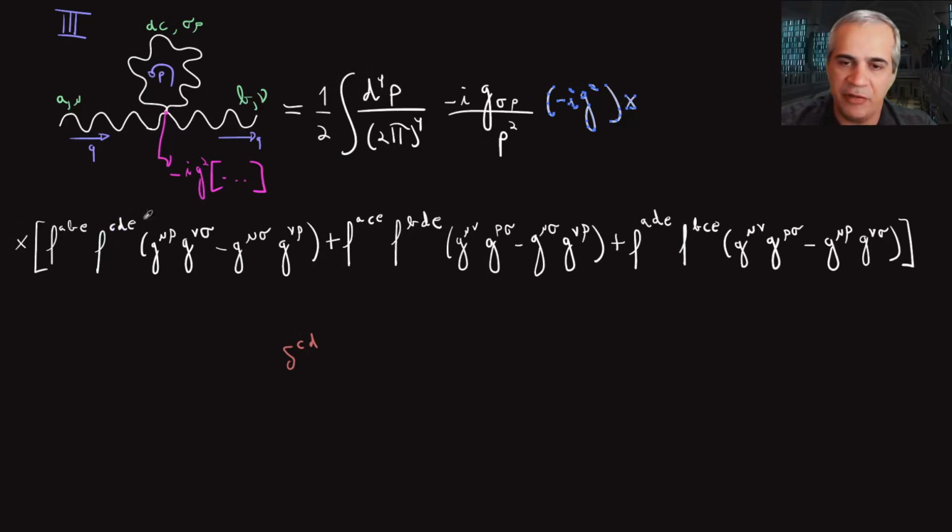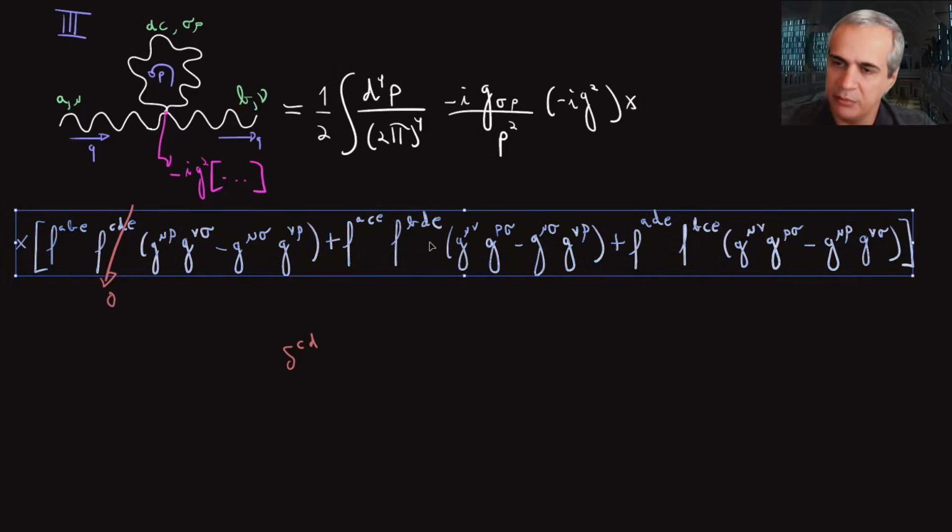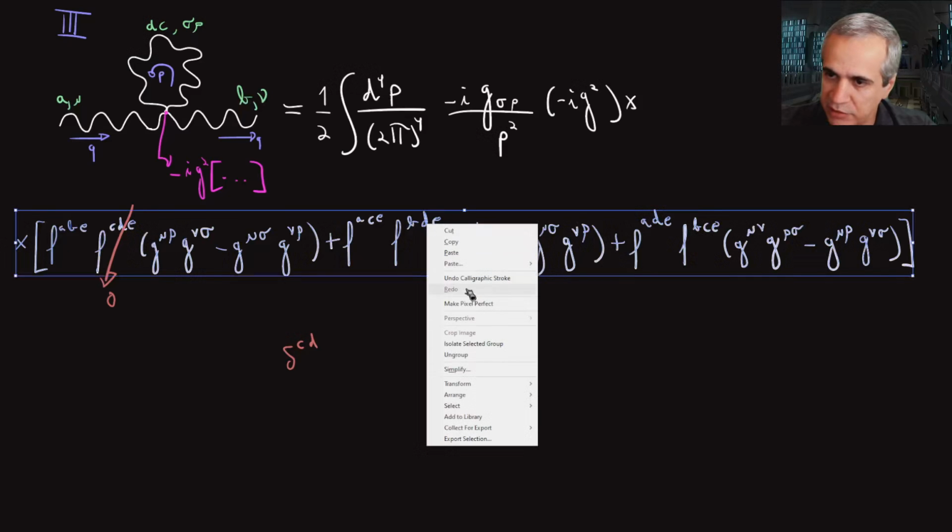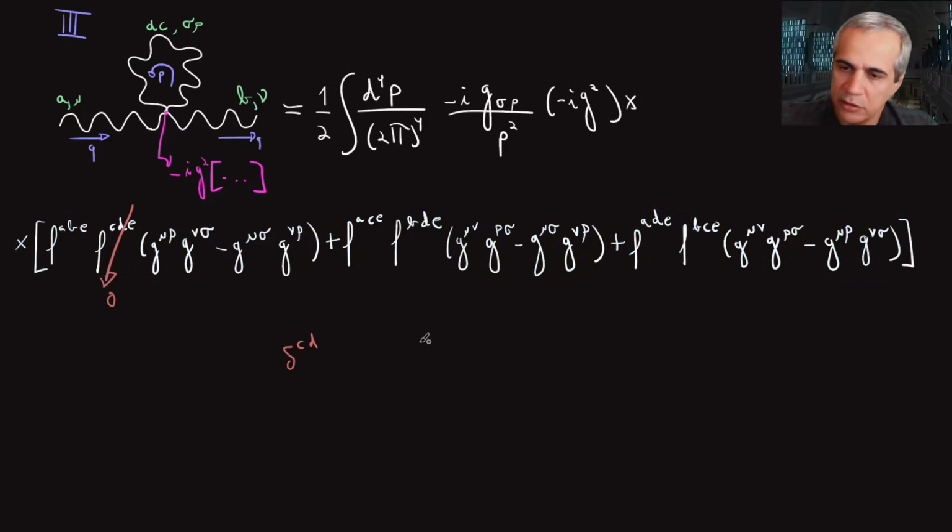And since f is anti-symmetric, this term will be 0 for that contraction. In the other cases, I just replace D for C here and D for C over there. That changes my expression in this way.